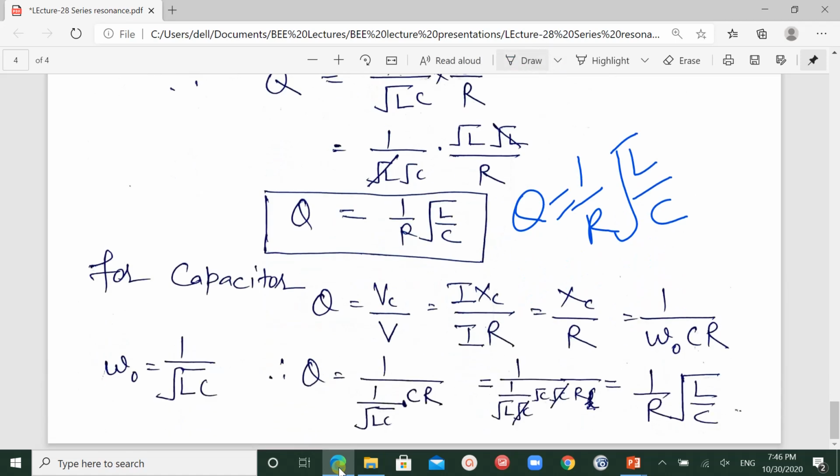Then for the case of capacitance, Q is equal to VC upon V. We put the value of VC, that is I XC upon IR.